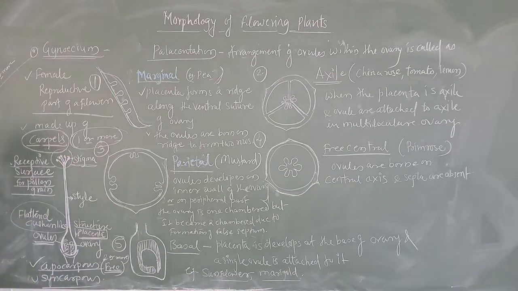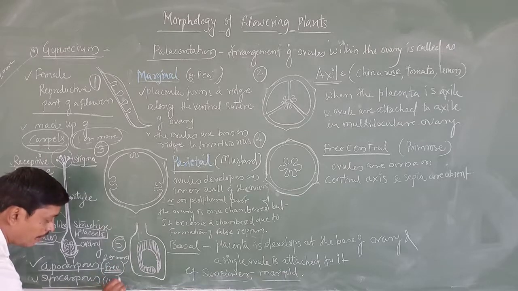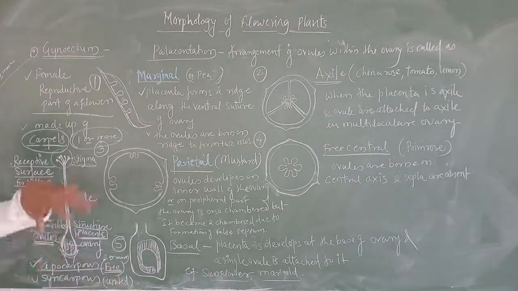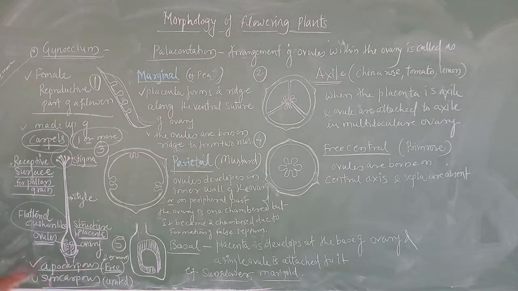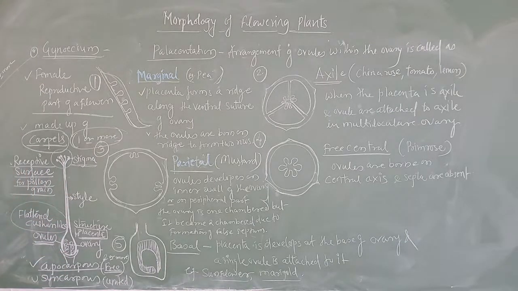And if the two or more carpels are united or fused, such type of flower is called a syncarpous flower. So this is about the two types, apocarpous and syncarpous flowers.